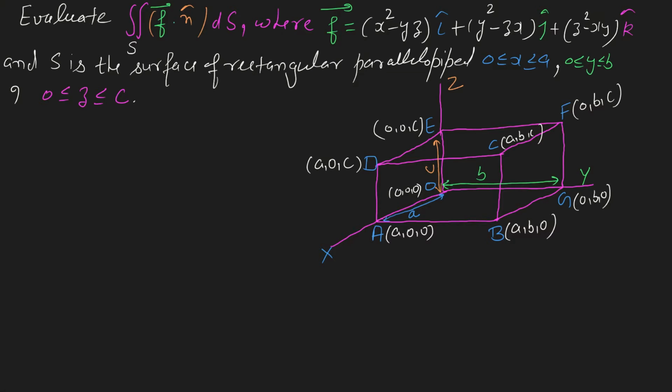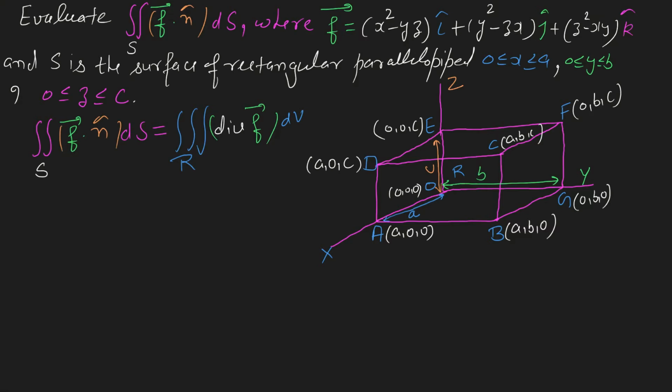It states that the surface integral over the surface S of the normal component of the vector field is equal to the volume integral of the divergence of the vector field F over the region R. So this is the region R.